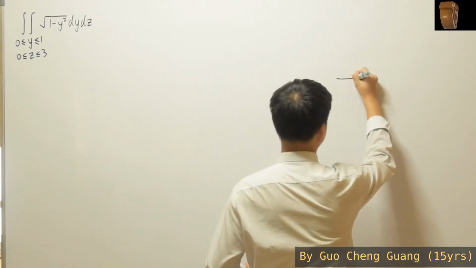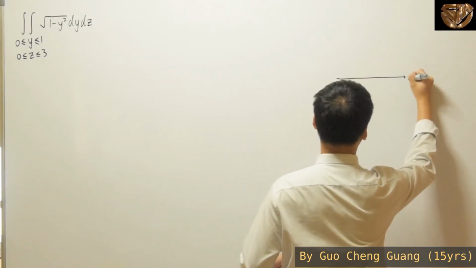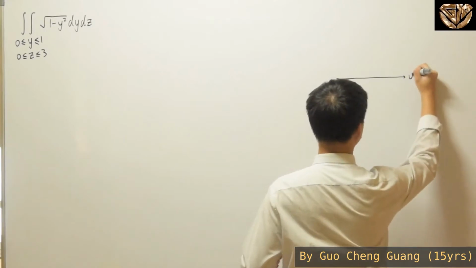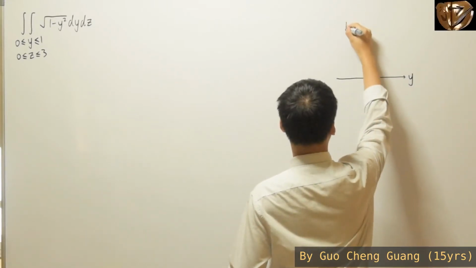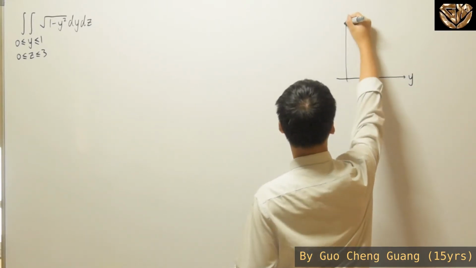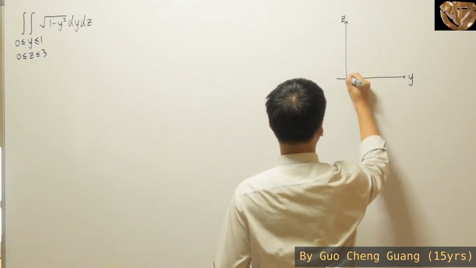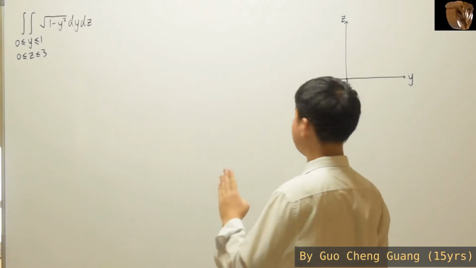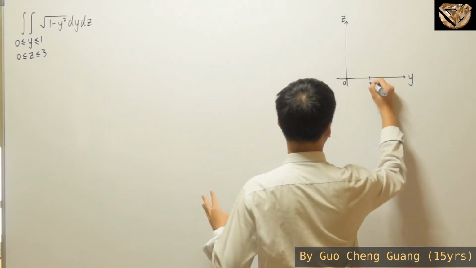So for this boundary, you have your y-axis and your z-axis. So y and z. Y is from 0 to 1.